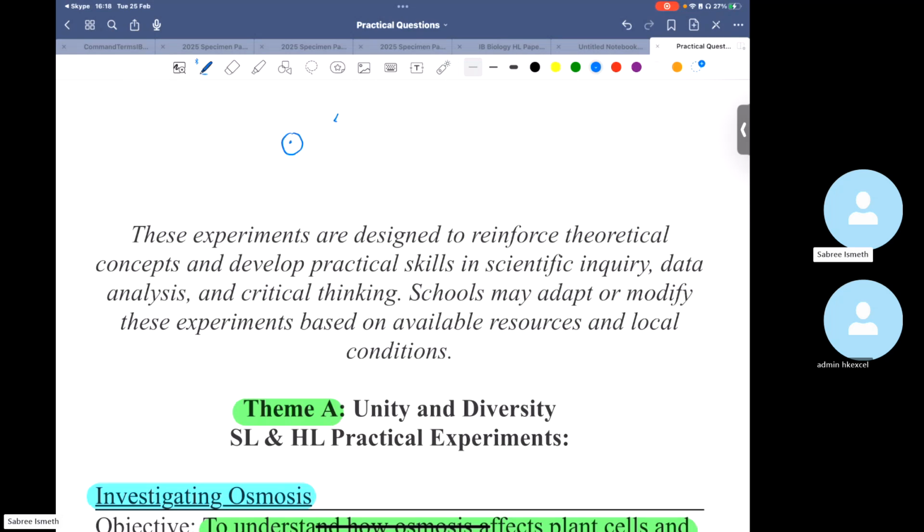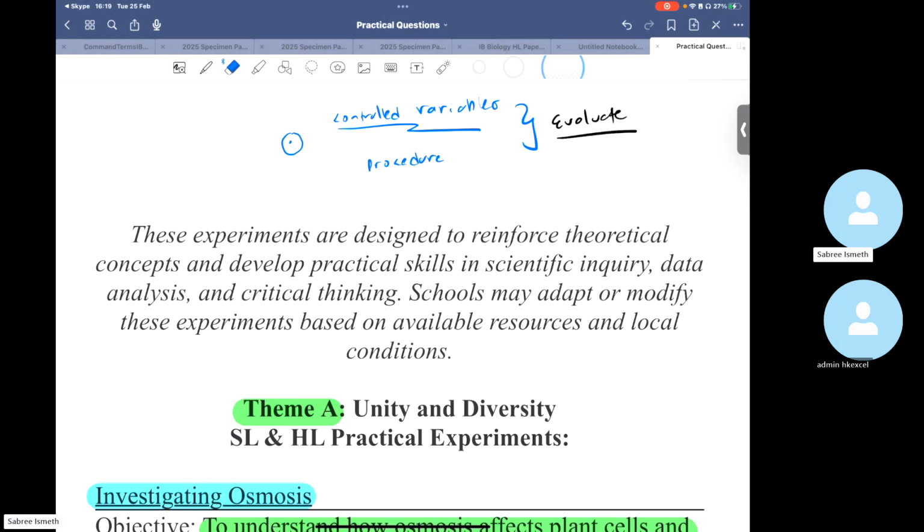That is the controlled variables of the experiment, because IB questions are traditionally to do with controlled variables, as well as the procedure, which will allow you to evaluate these investigations. And IB questions are always related to evaluating these investigations.